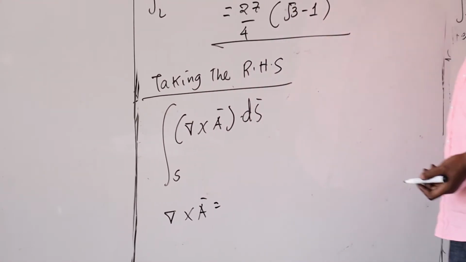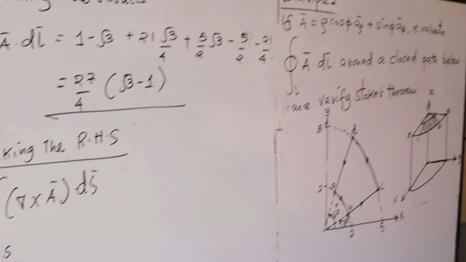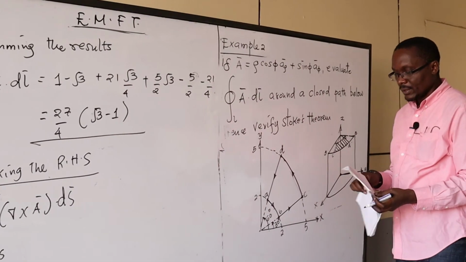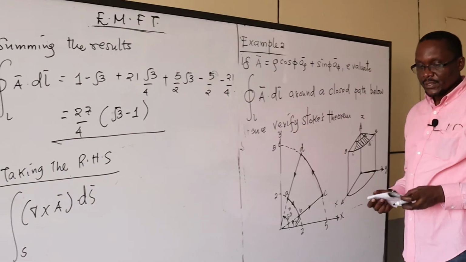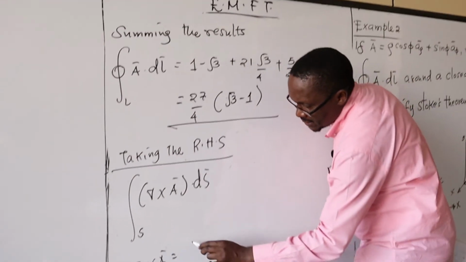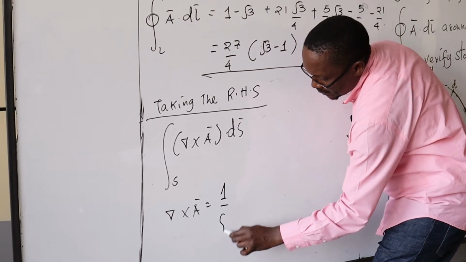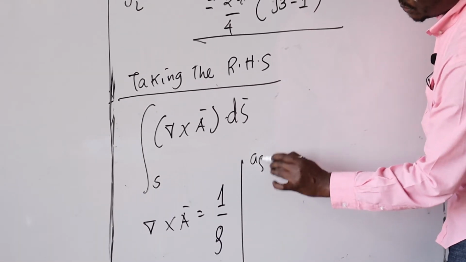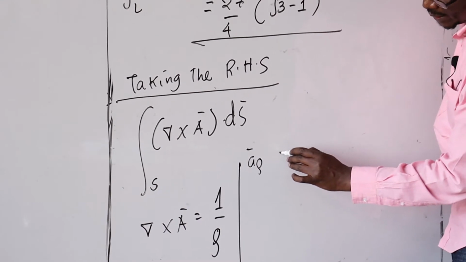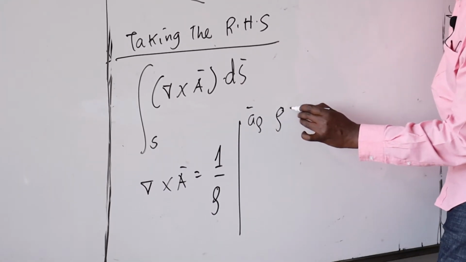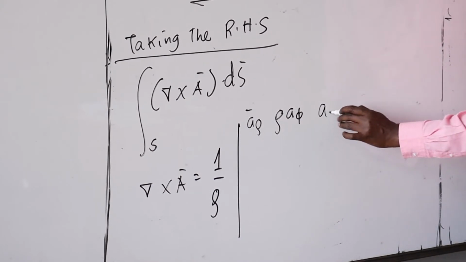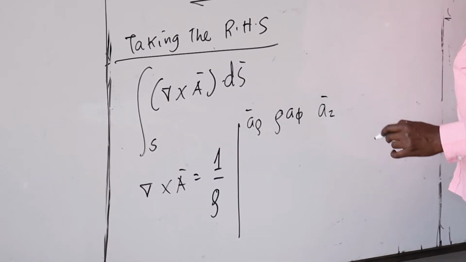Again, our coordinate system is cylindrical, and remember the formula that we had for the cylindrical coordinate system. It's also very important. The curl of A in that situation is 1 over rho into A rho. Then we had, remember, rho A phi. And then finally we have A z.